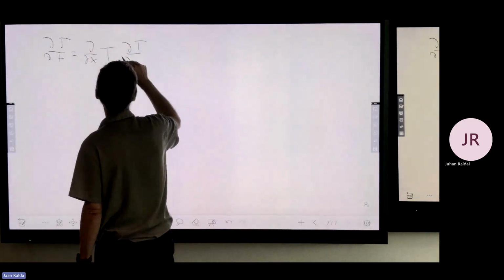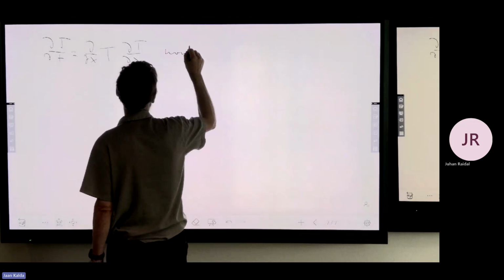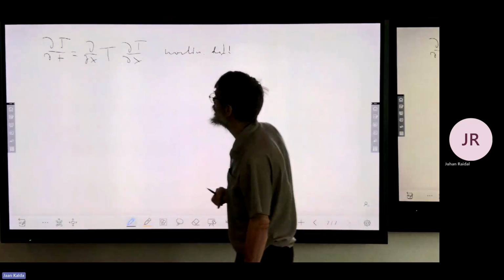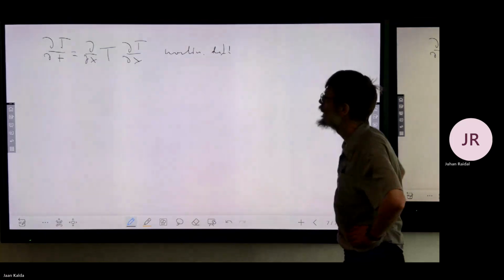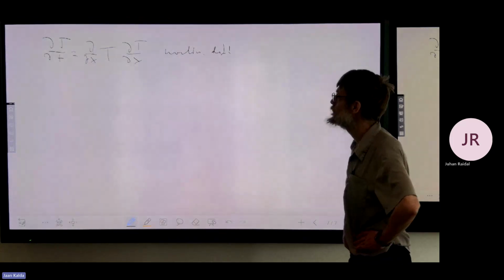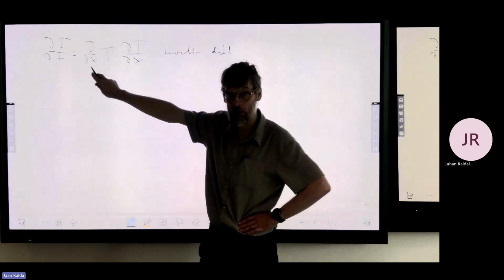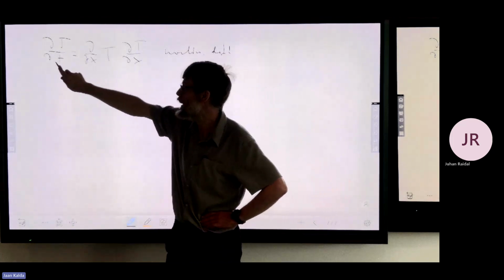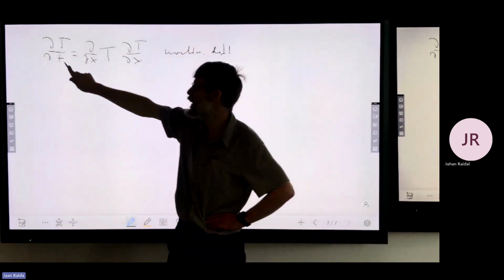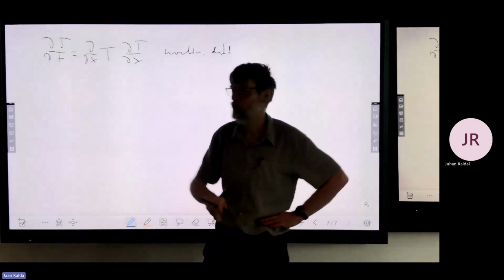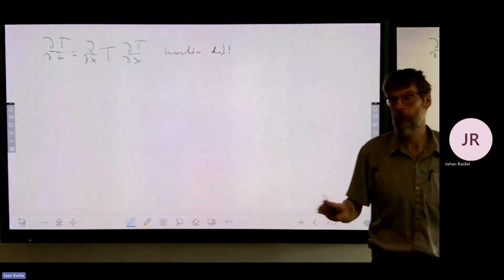This is a nonlinear diffusion equation. We could have a prefactor here also, but we can lose the prefactor by renormalizing time t and x, so I'm not writing it here.